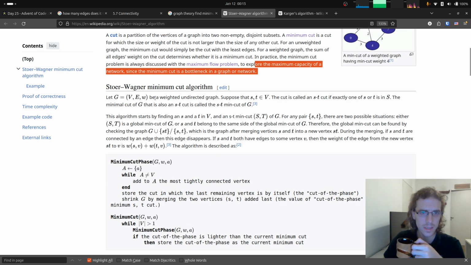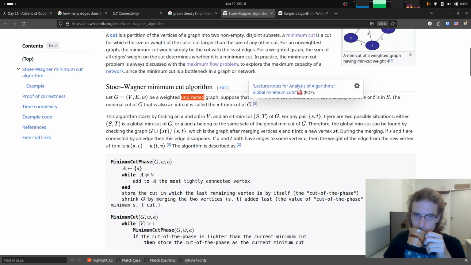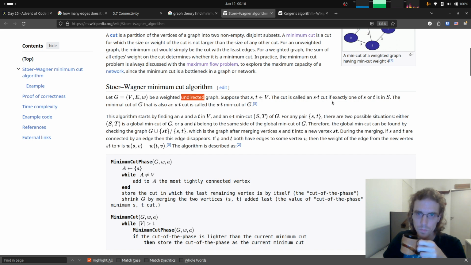Let G = (V, E, W) be a weighted undirected graph. So I guess W would be the set of weights. Suppose that... is in S. What is S?